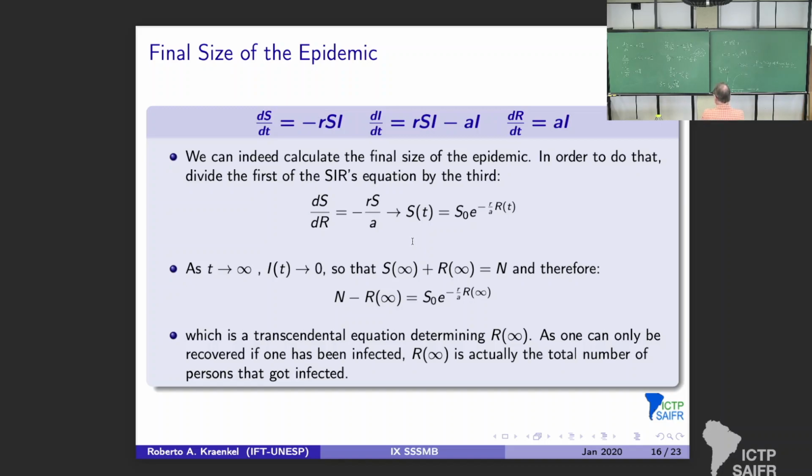You could say, okay, I just have my model. I plug the data into the model, and in order to adjust the model, I will find the value of R0 that gives the best fit. Okay, problem. Do I know S in a population?